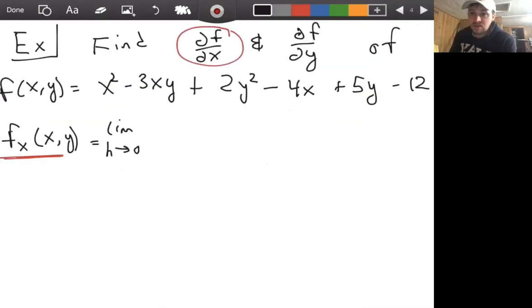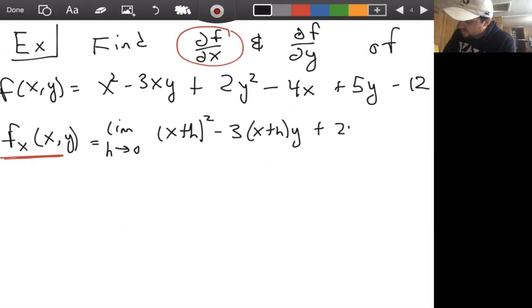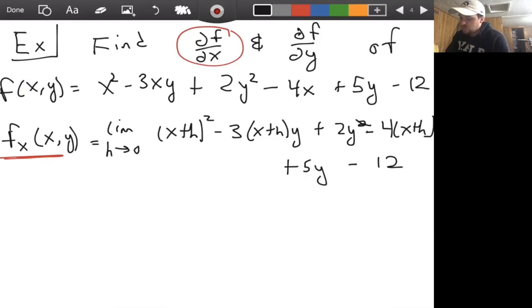Well, everywhere you see an x, you replace it with x + h. So we have (x + h) squared minus 3 times (x + h) y plus 2y squared minus 4(x + h) plus 5y minus 12. Now, this is f(x + h, y).